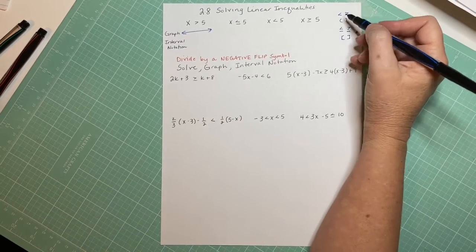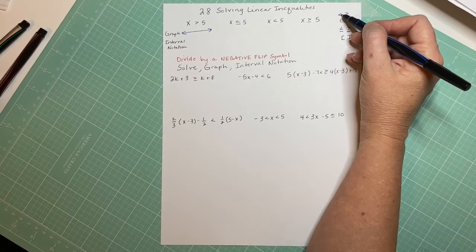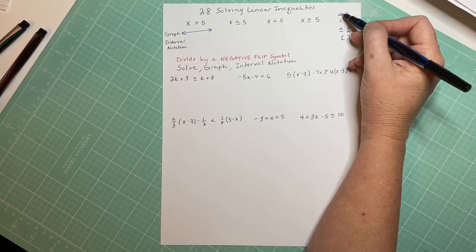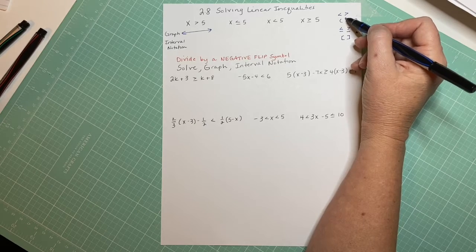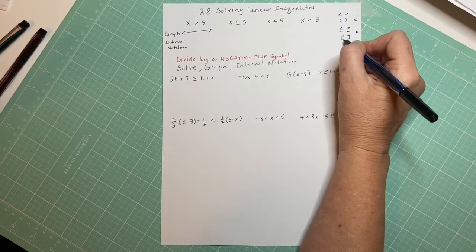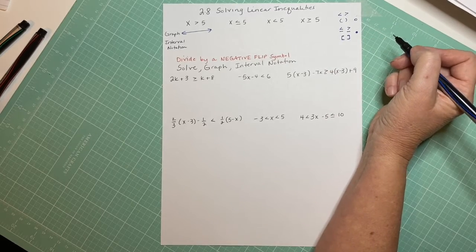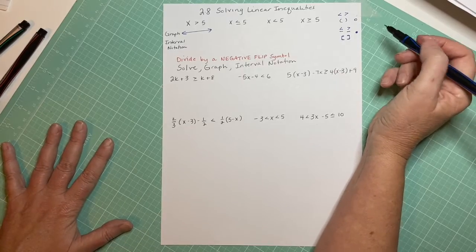Visually, the less than and greater than are a lot like parentheses, and the less than or equal to make these brackets, because you can think of those as having equal signs. So if it's going to actually equal that, you make it a bracket.